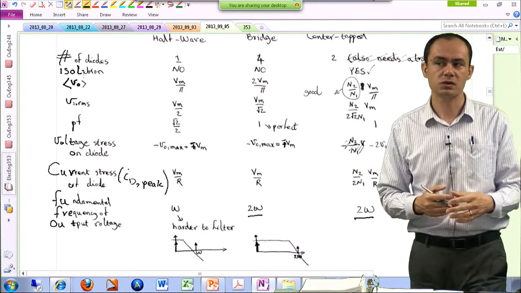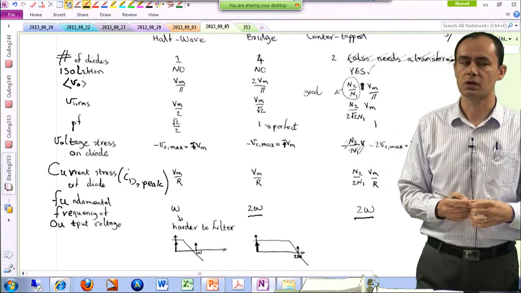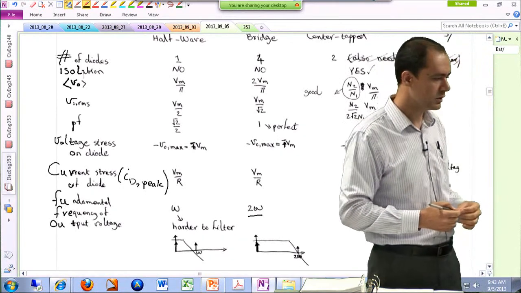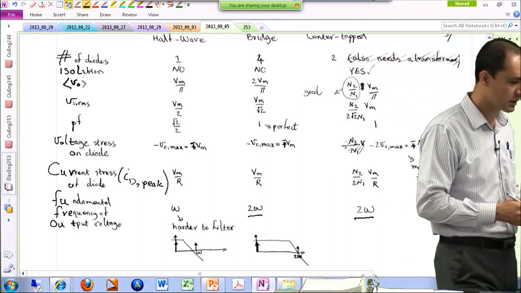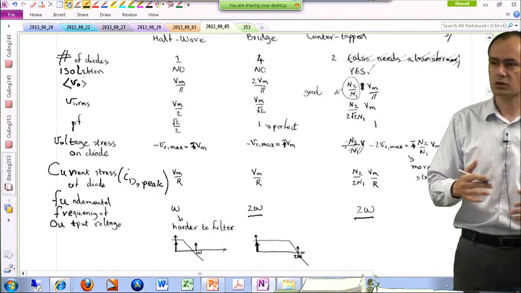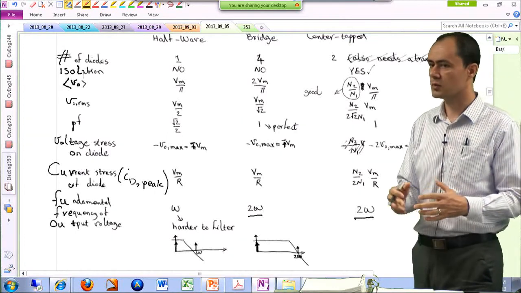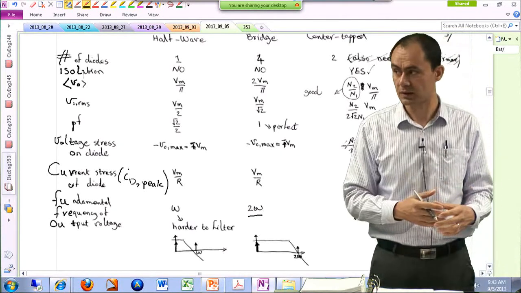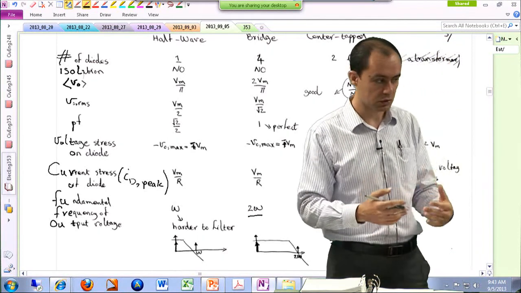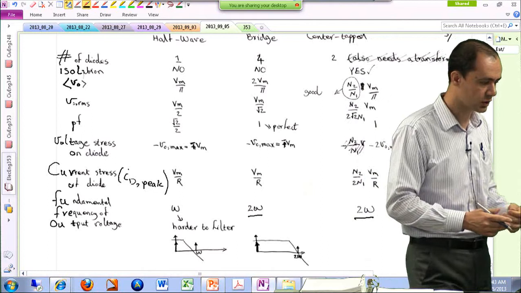Because if you are trying to design, on the output side, a low-pass filter to eliminate the harmonics of the line frequency, like 60 hertz or whatever it is, 2 omega is larger than omega, so your low-pass filter is going to be smaller. Or if you use the very same low-pass filter, then your attenuation at 2 omega is going to be larger than your attenuation at omega.